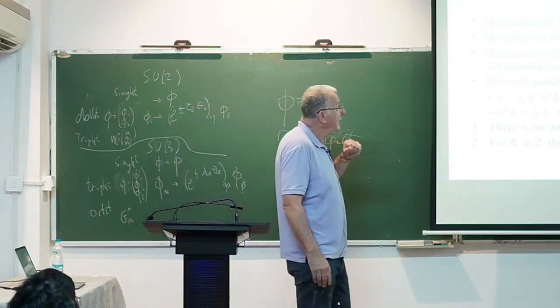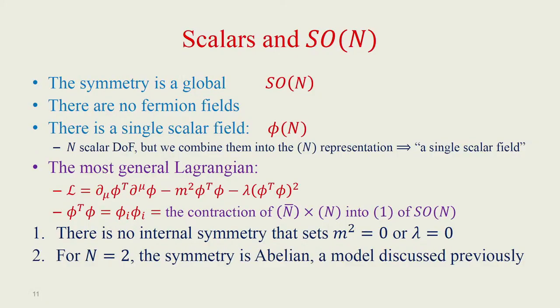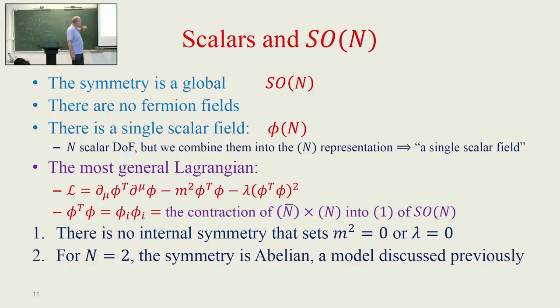So there is a single real field, and the most general Lagrangian, this is a scalar. The thing that is forbidden is the cubic term. You cannot take 3 representations n and contract them to a singlet. But phi transpose phi, what is meant by this is phi 1 squared plus phi 2 squared plus phi 3 squared.